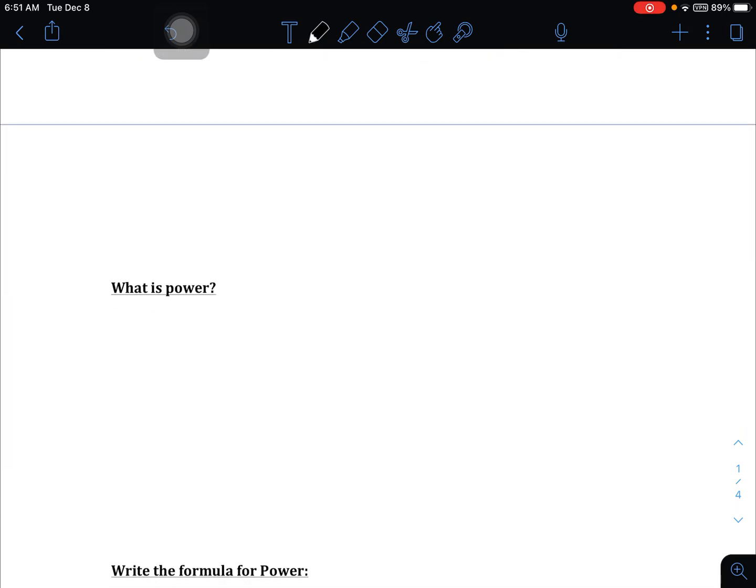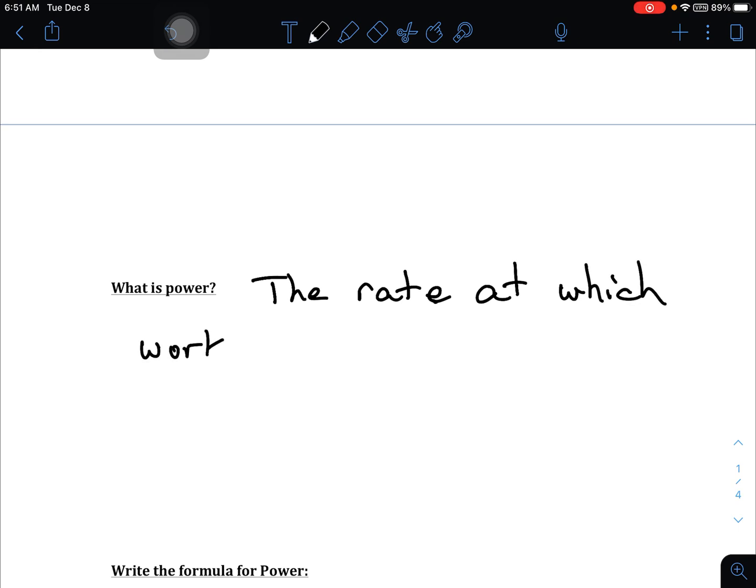Okay, same thing for power. What is power? The definition for power is the rate at which work is done.